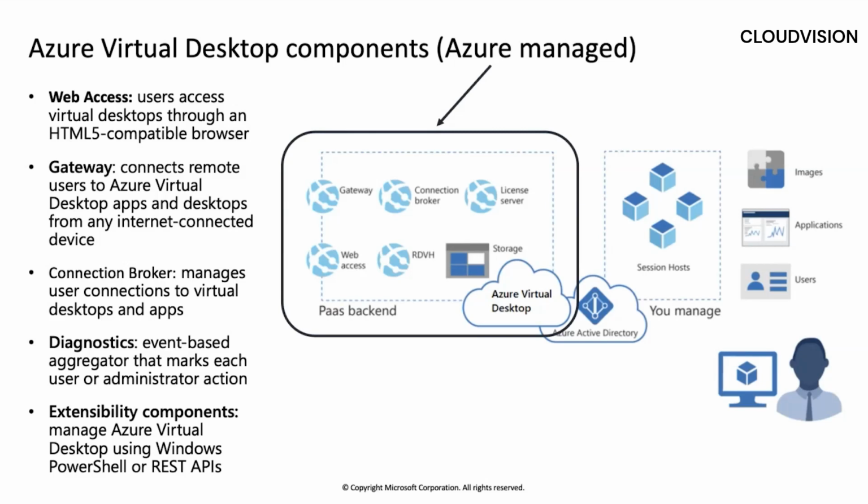If I'm talking about web access, this is a service which lets the users access the virtual desktops, remote access, and apps through an HTML5-compatible browser. And the good thing is that you can access them from anywhere, from any device. And it can seem as if you're working on a local PC.